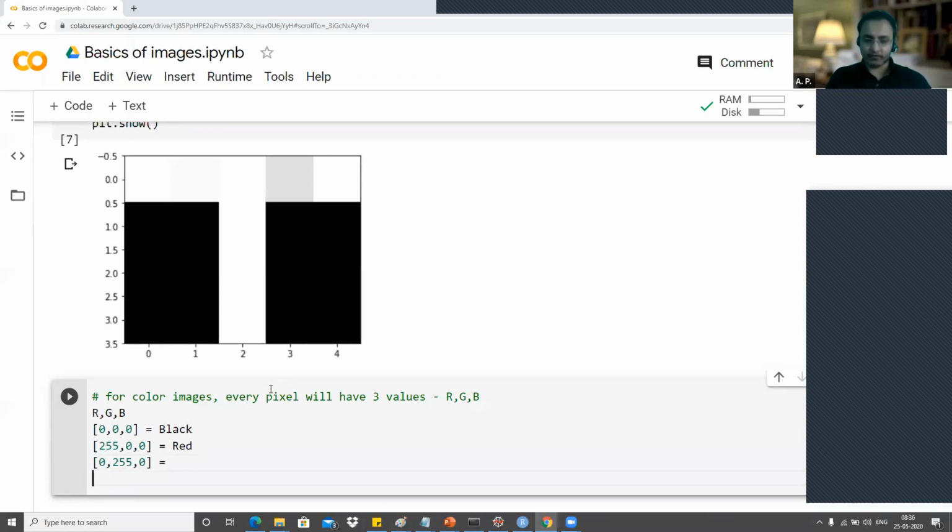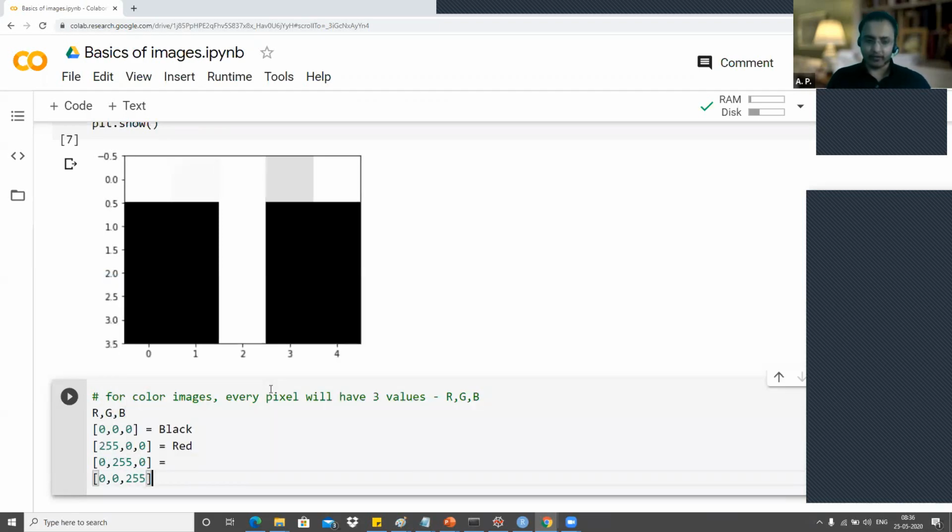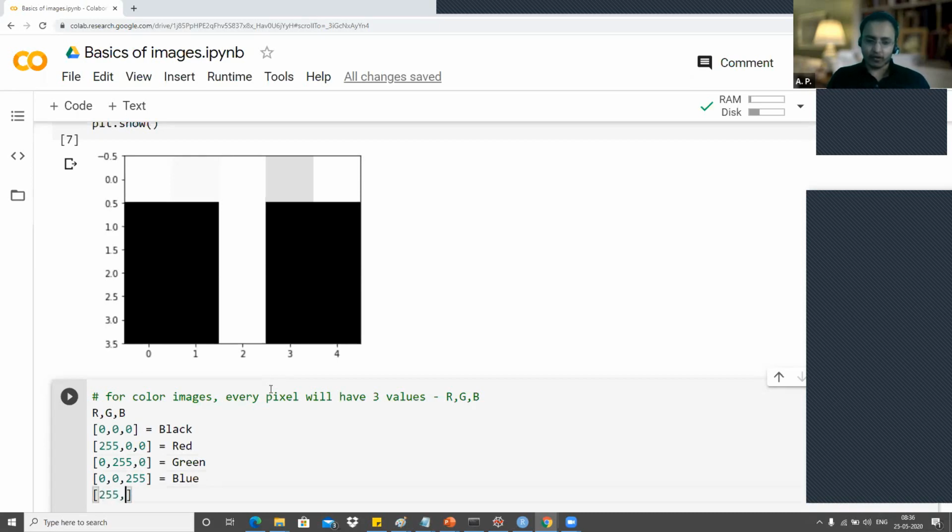And for 0, 0, 255, which color would it be? Right. So for the first one, 0, 255, 0, it is RGB. As the position of green is 255, it's going to be green. And for this one, if the value of the pixel is like this, it would be blue. Similarly, if it is all 255, 255, 255, it's going to be a white color pixel, right?